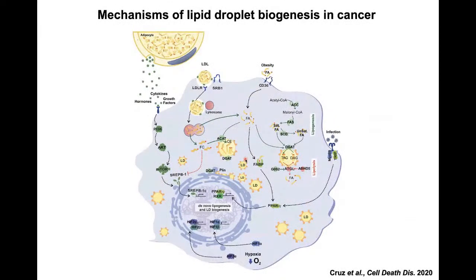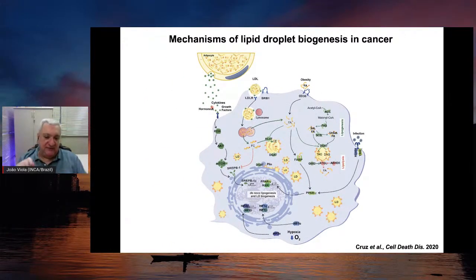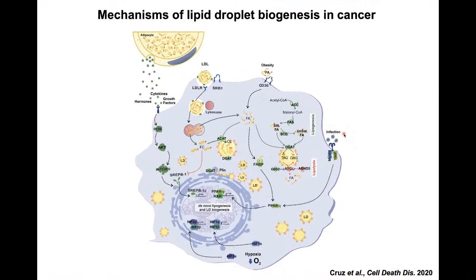Then we can summarize here that the signaling of some cytokines comes from the adipocyte, which can include leptin. Also, we have some data that we don't have time to show: LDL, fatty acids, and also infection with activated toll-like receptors were able to induce lipid droplet formation in several types of cells, which include cancer cells.